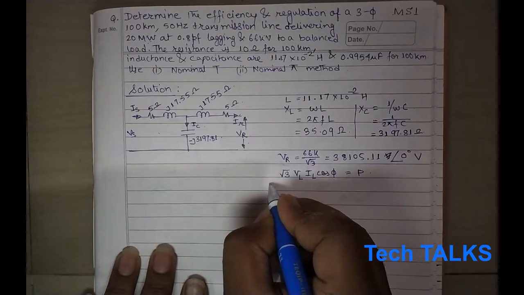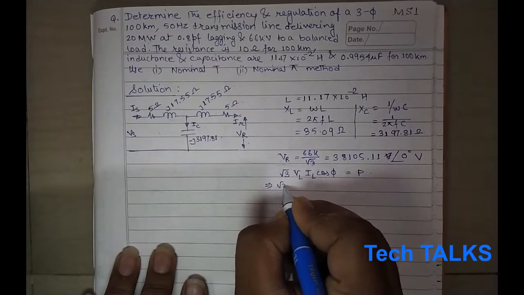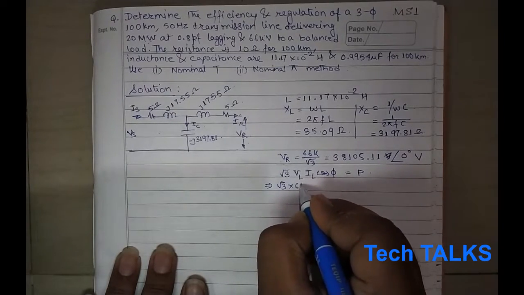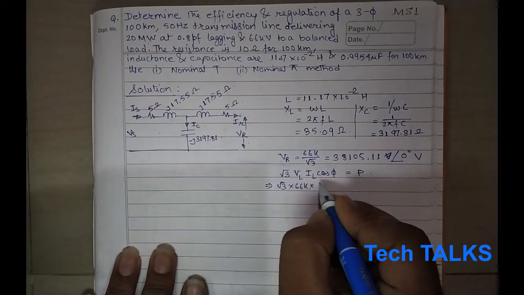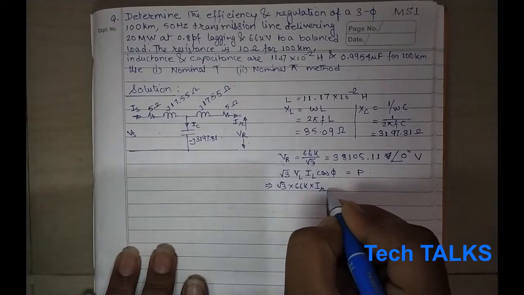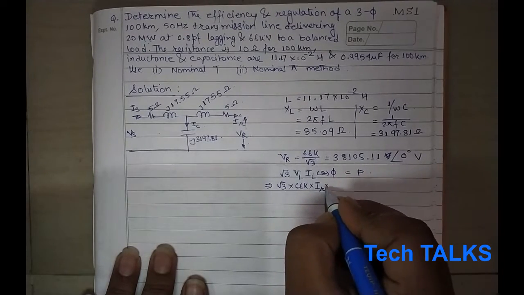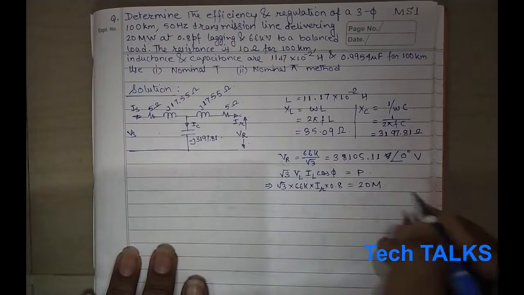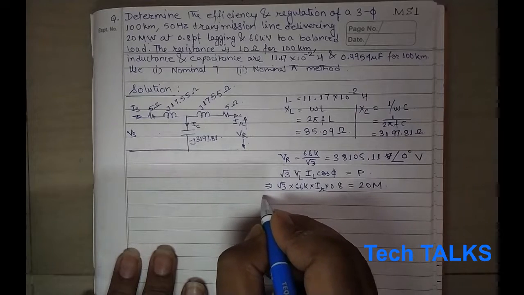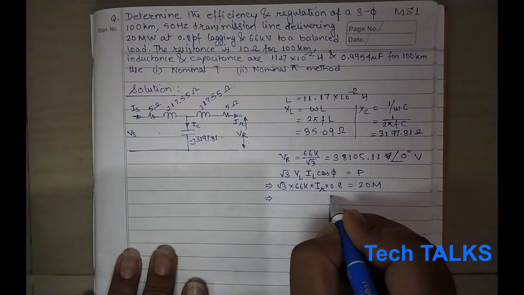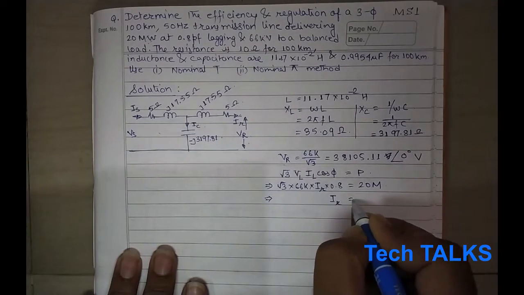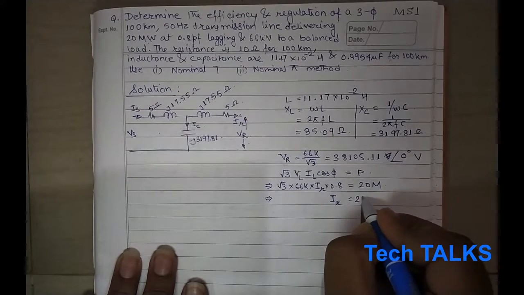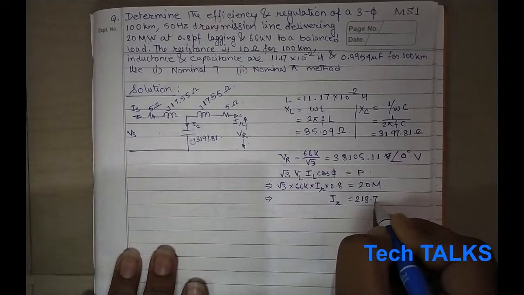VL is the line voltage, which is 66 kilo. IL we will write as IR. Cos phi is 0.8. Power is 20 mega. So from here you can see that IR is equal to 218.7 ampere.